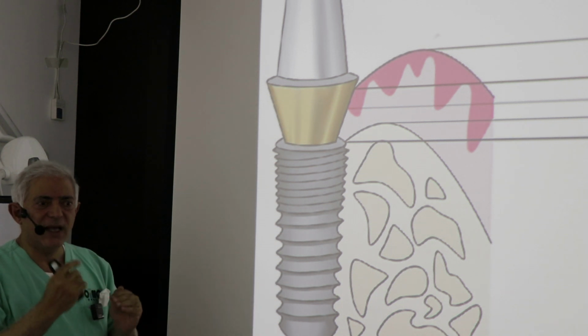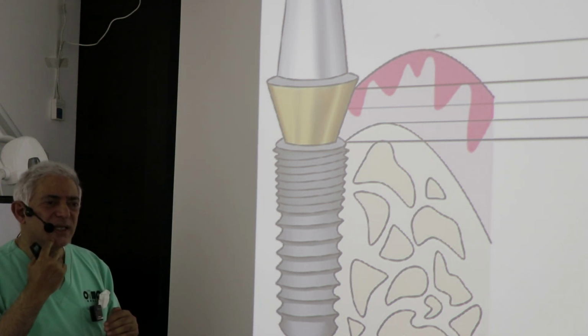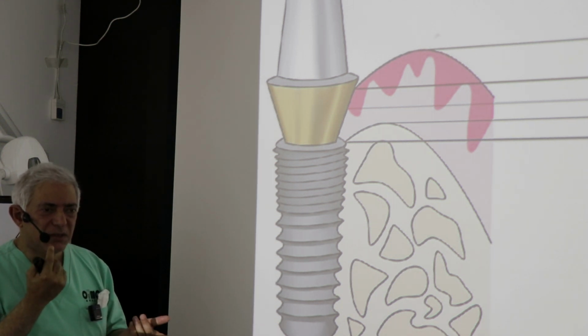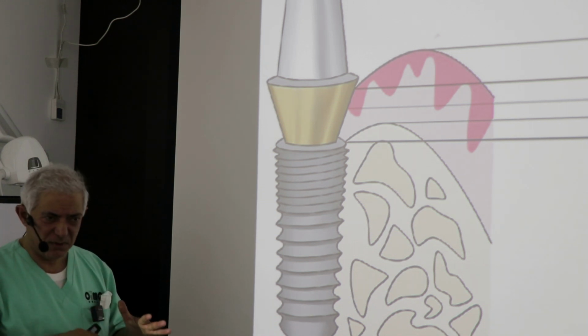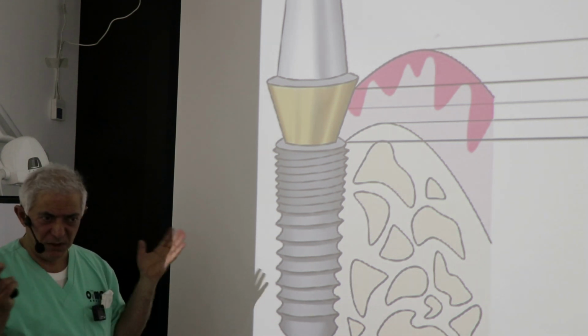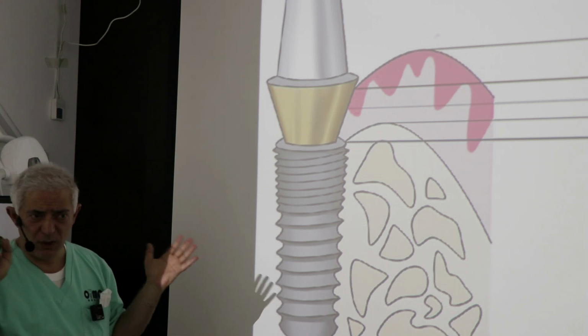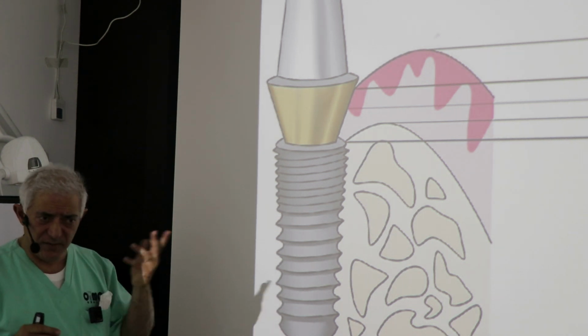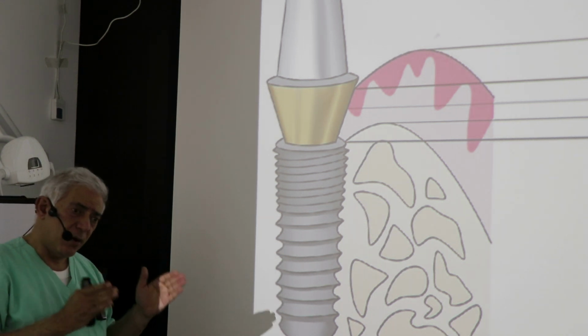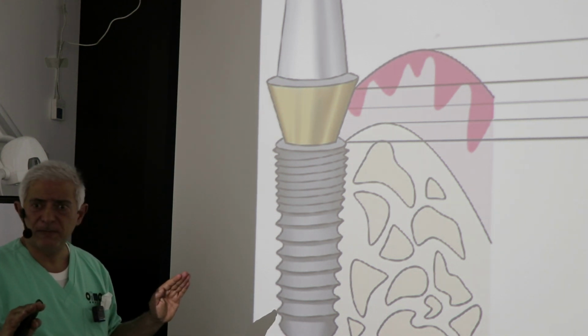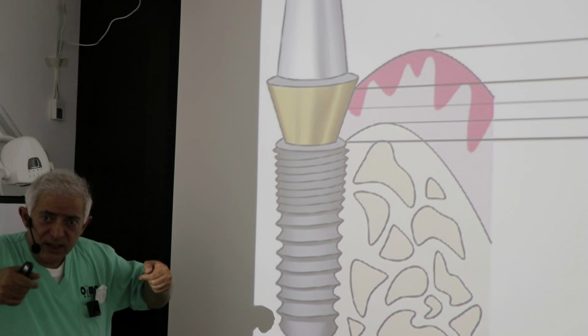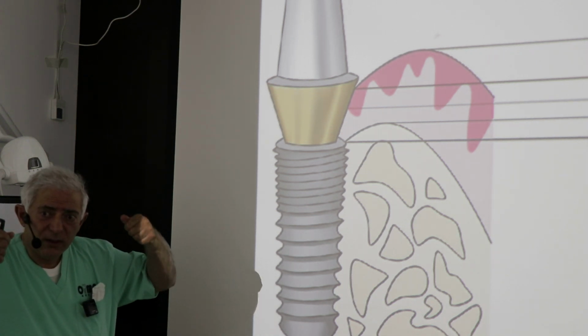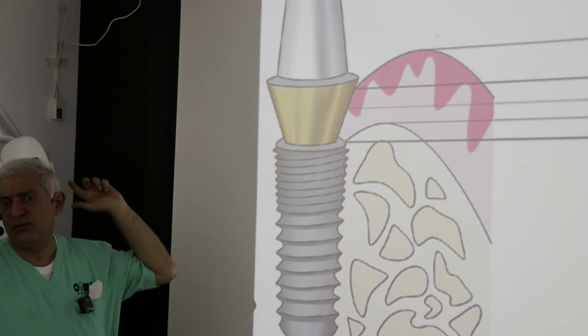So it will recede and you will see the gum receded. 1 millimeter, 2 millimeter, many people accept. 2 millimeter is okay. Many of you accept 1 or 2 millimeter of recession after 5 years. With Thomas theory, we don't accept. So the key is not to disturb the connective tissue.